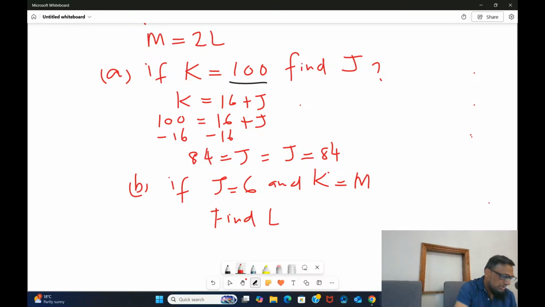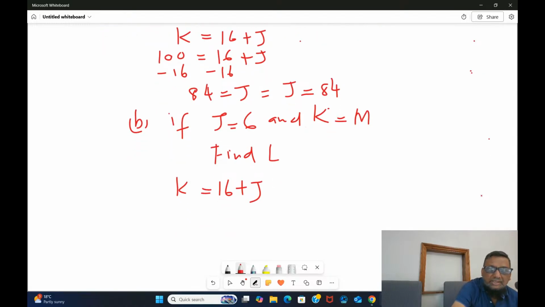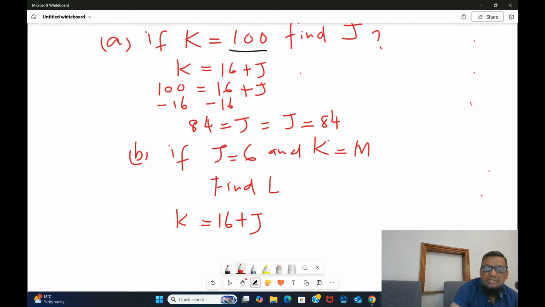Okay, so we know that K equal to 16 plus J. The value of J is given. Look at the expression first.